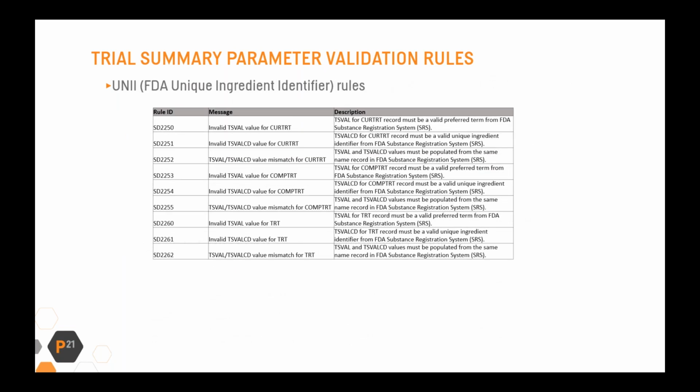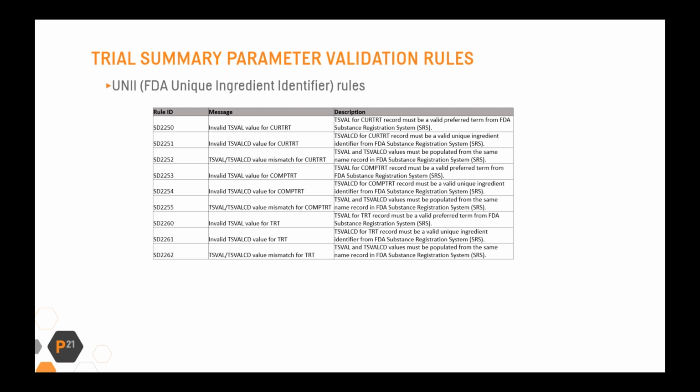We also have rules that check against the FDA Unique Ingredient Identifier dictionary. So this dictionary would be applicable for the CURTRT, or current therapy parameter, the comparative treatment name parameter, and the investigational treatment parameter.